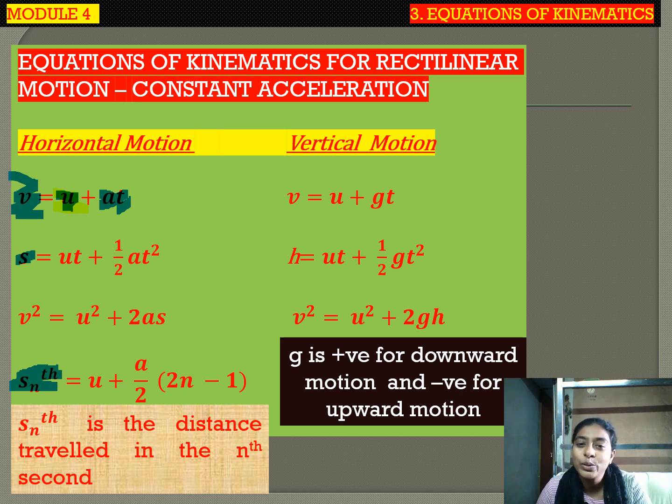So, v is equal to u plus gt. H is the height. H is equal to ut plus half gt square, and v square is equal to u square plus 2gh. And g is positive for downward motion and negative for upward motion. If the ball is thrown upwards, for upward motion, we take g as minus.